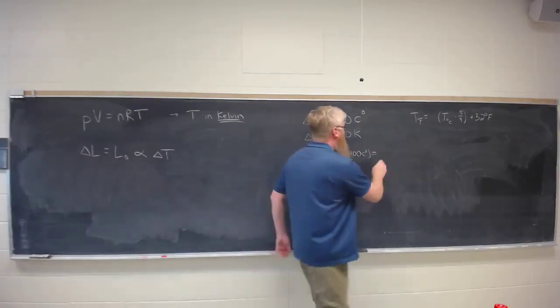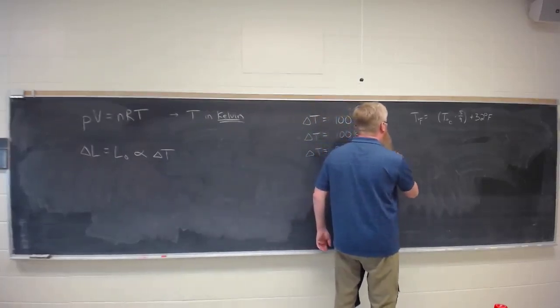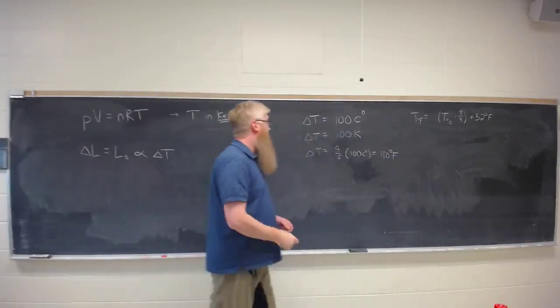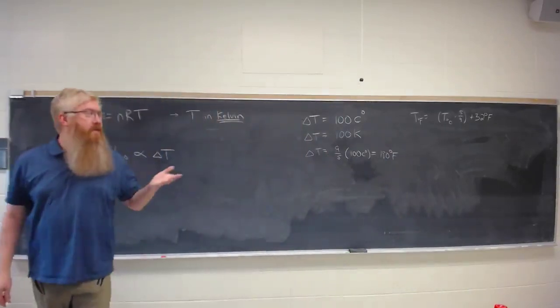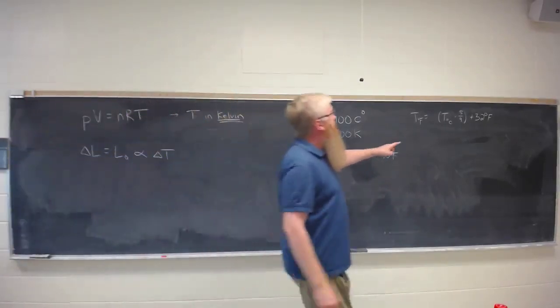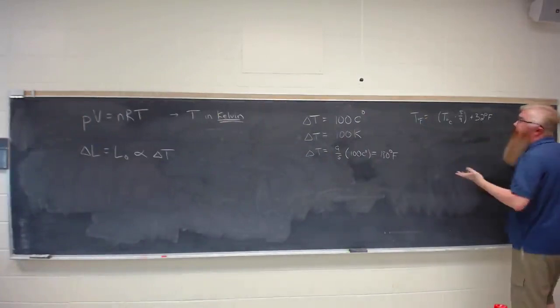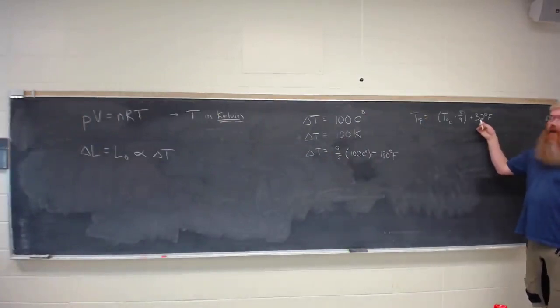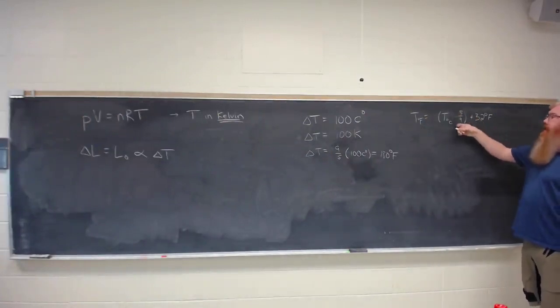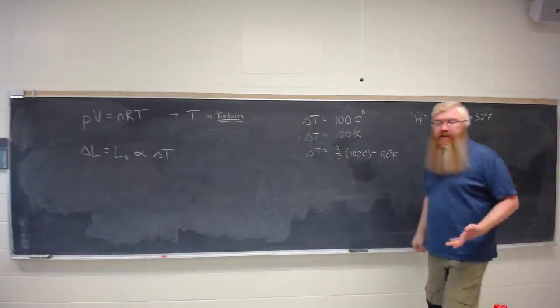So that'd be 180 degrees Fahrenheit. Because this 32 is an offset because 0 degrees Celsius is 32 degrees Fahrenheit. The step sizes, for every 5 degrees Celsius, there's 9 degrees Fahrenheit in the same step size.